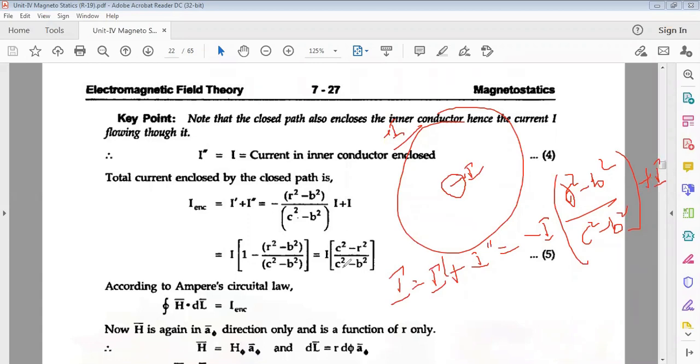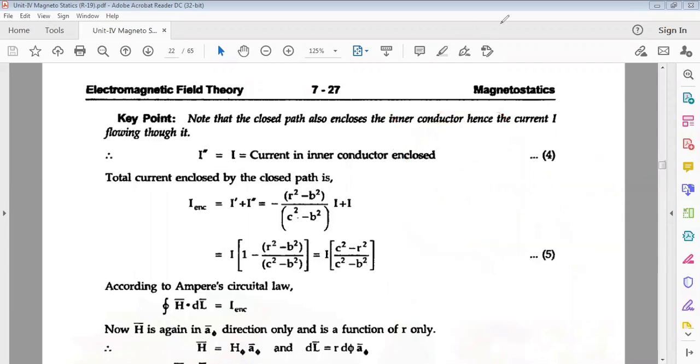Simplify this: C square minus R square by C square minus B square. According to Ampere's circuital law, H bar dot DL bar is equal to I enclosed. H phi D phi is H bar and DL bar is the same thing, R into D phi, phi bar.